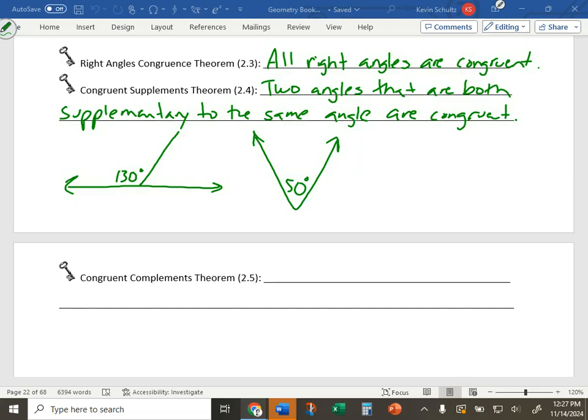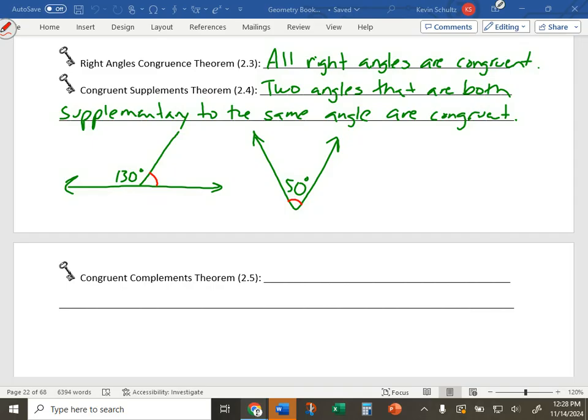Even without any angle measures, I can conclude that these angles are congruent. How? Because they're both supplementary to the same angle. We know that our two labeled angles are supplementary because we can add 130 and 50 together to get 180.